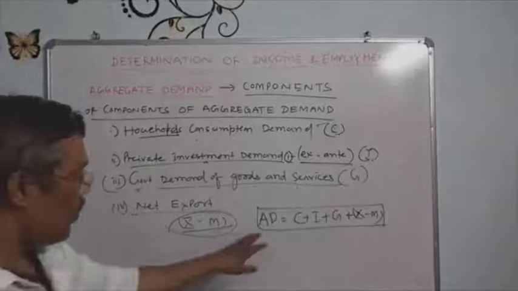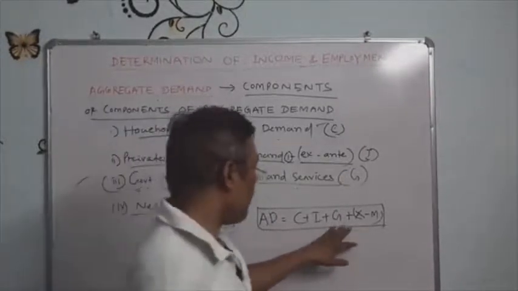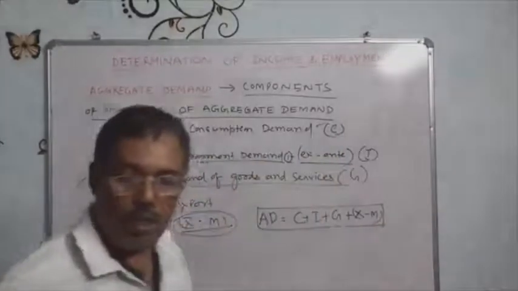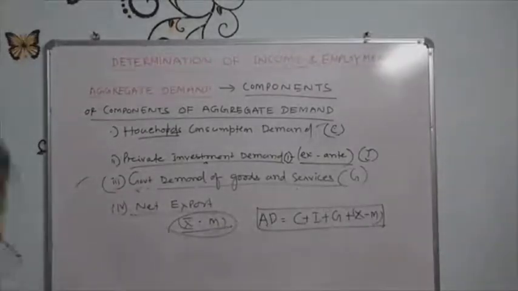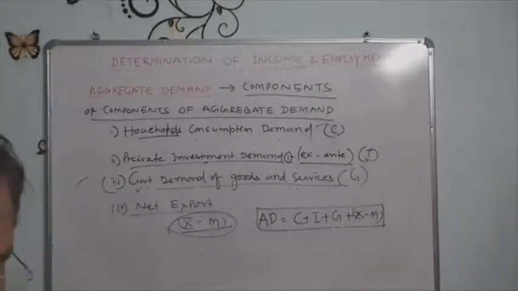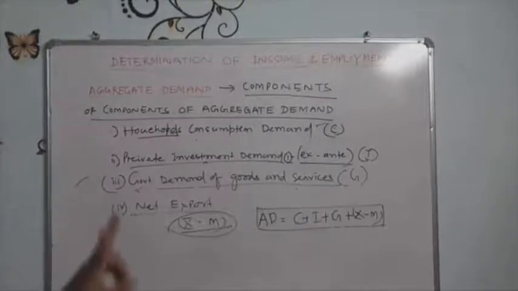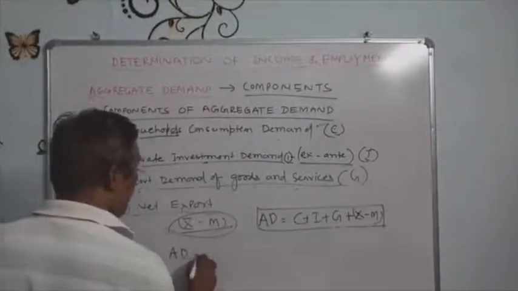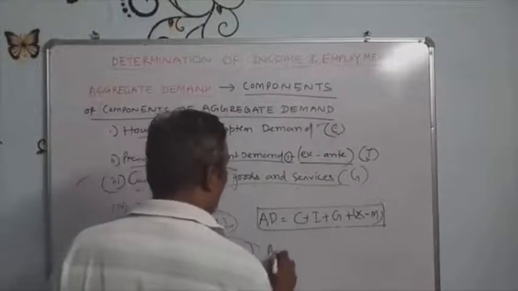So whenever we are discussing aggregate demand, that means consumption, investment, government expenditures, and X minus M, the net export. But Keynes is an economist. You have already known the name of the economist Keynes. According to Keynes, there are only two components of aggregate demand, that is consumption plus investment.